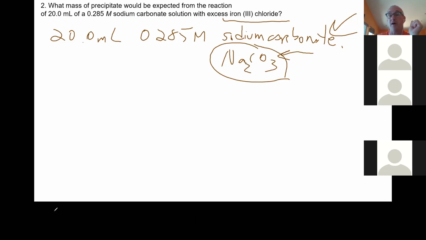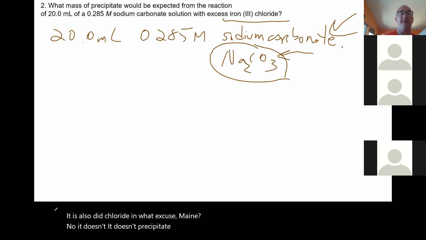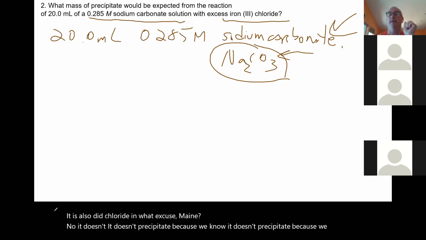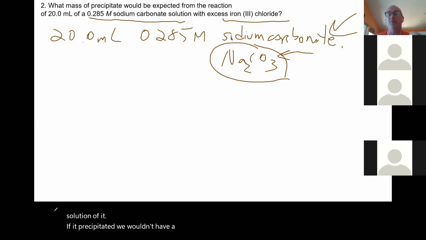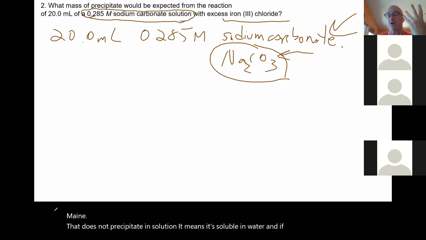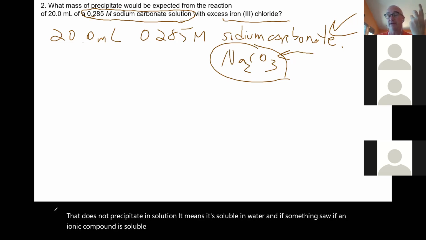It doesn't precipitate, because we have a solution of it. If it precipitated, we wouldn't have a solution of it. So the fact that we have that right here tells me that it does not precipitate. It means it's soluble in water. And if an ionic compound is soluble in water, what happens to it when it dissolves in water?